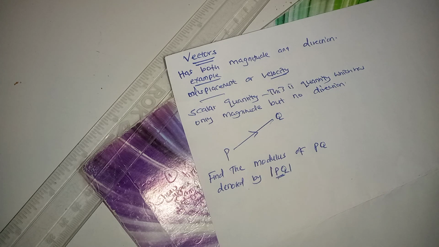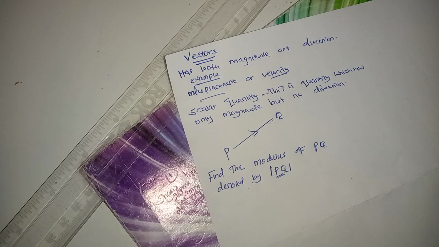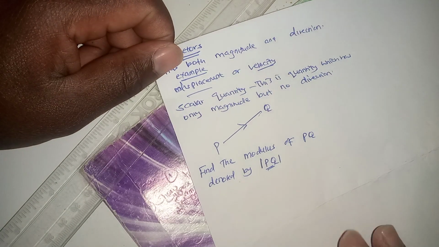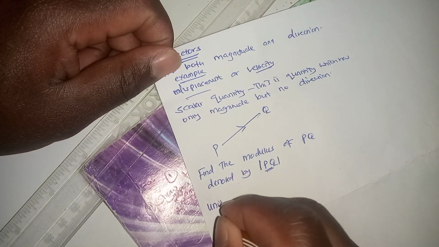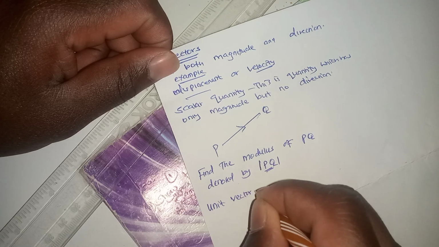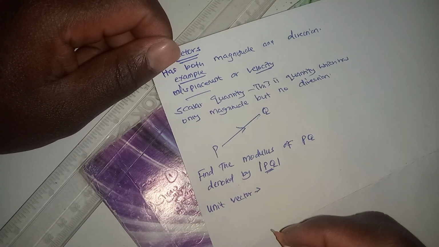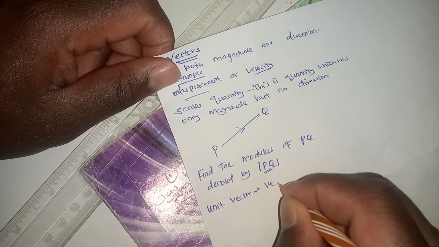A vector whose modulus is 1 is called a unit vector. Now let's look at some definitions. Unit vector: this is a vector whose modulus is 1.